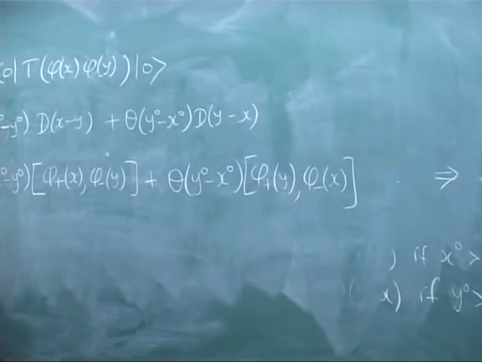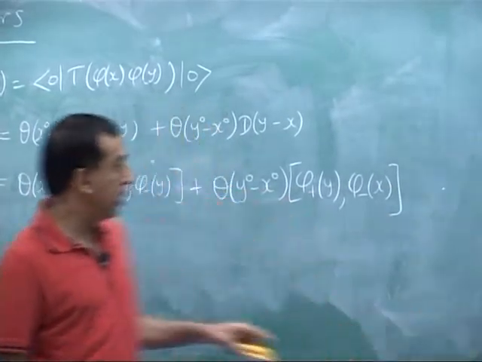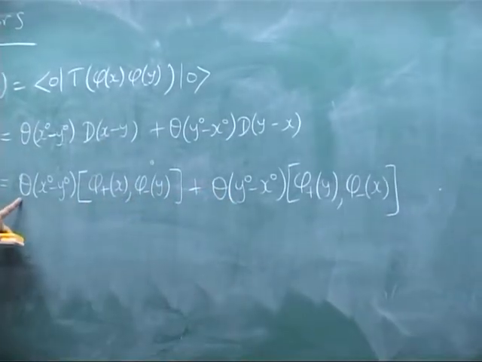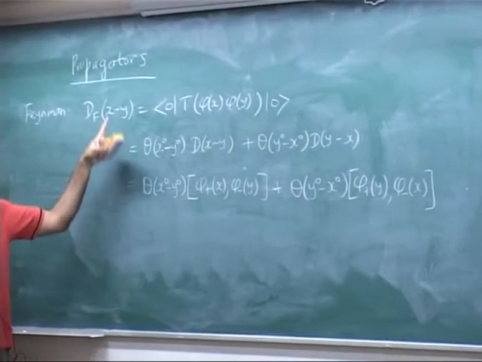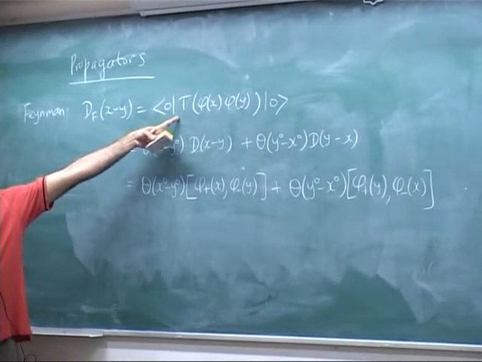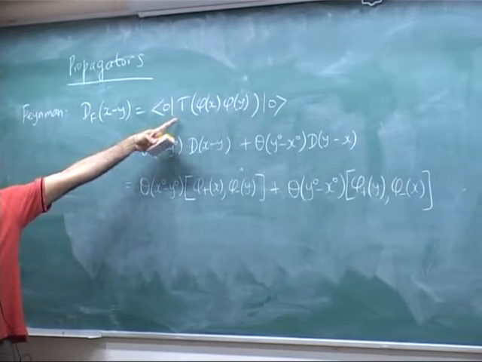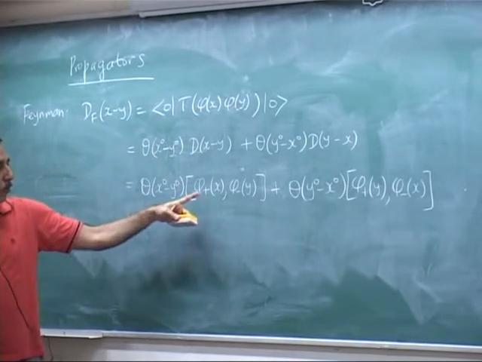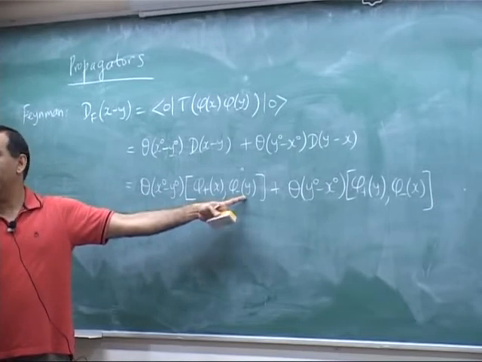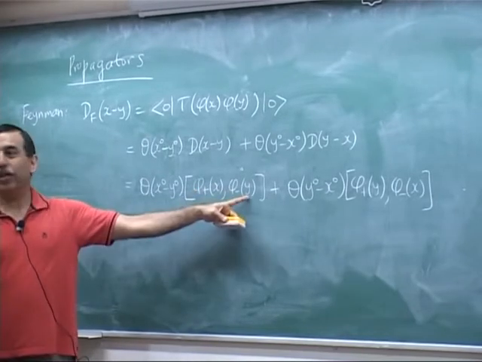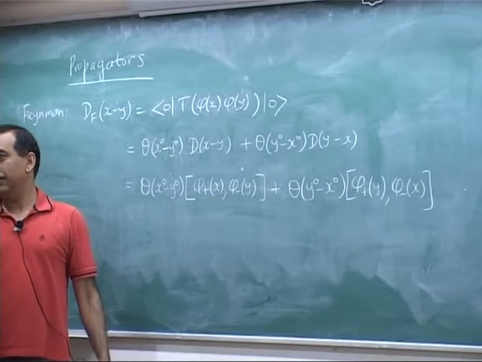This manipulation is nice because you see in this case we have not taken any expectation value. The original thing is an expectation value in the vacuum, so it's a C number, it's not an operator. But it's equal to this even though phi plus and phi minus are operators. The reason is that their commutator is a C number.